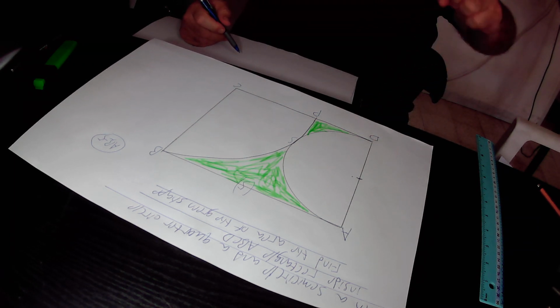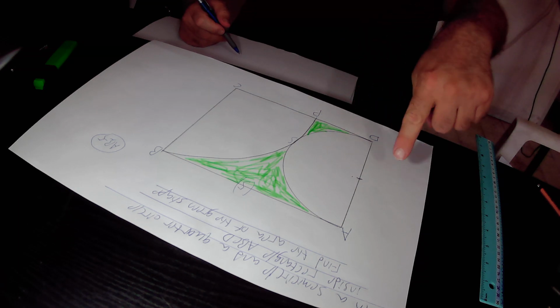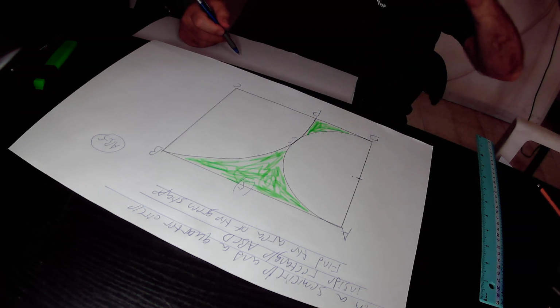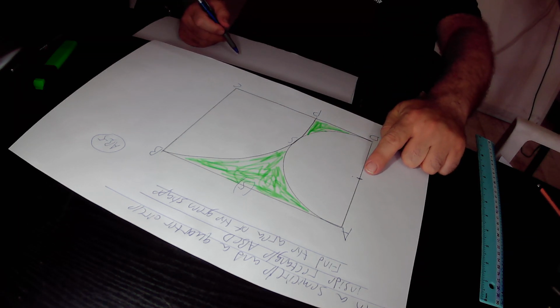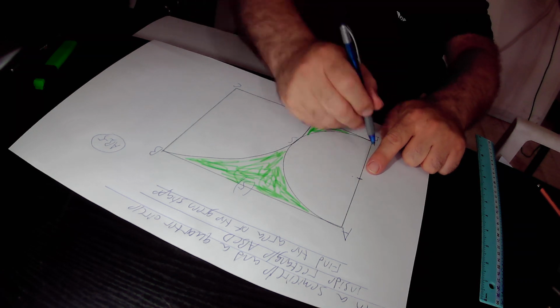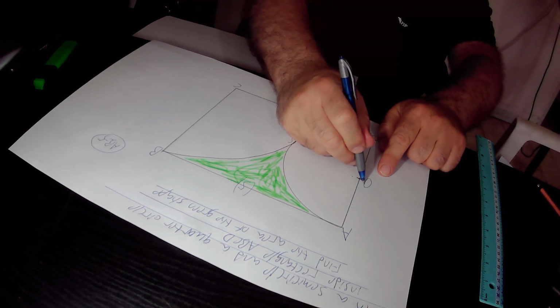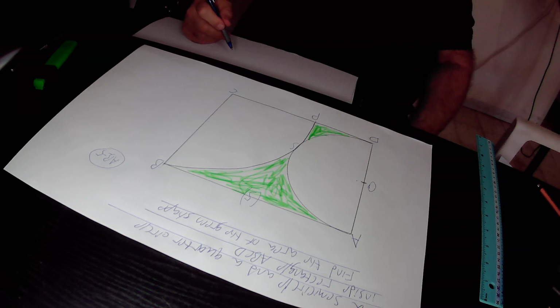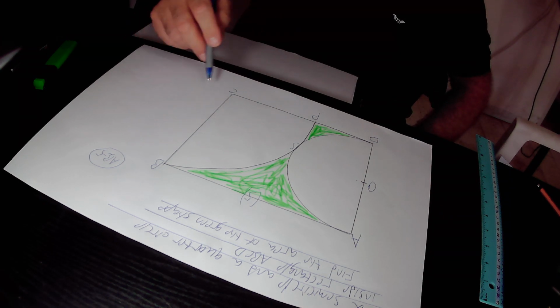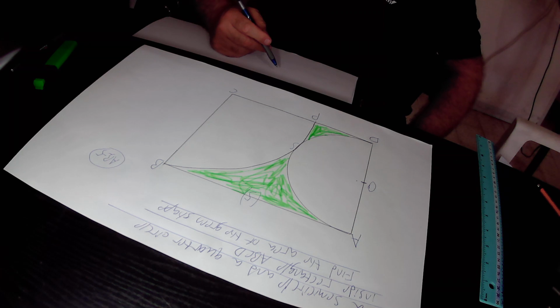Likewise, we'll define the center of this semicircle, this point, as point O. We will define the radius of this quarter circle as x.